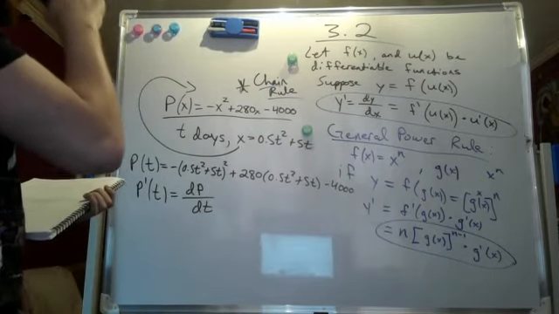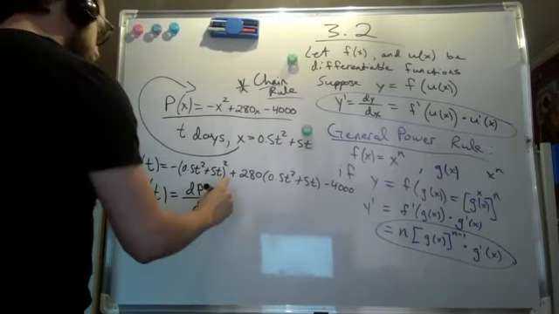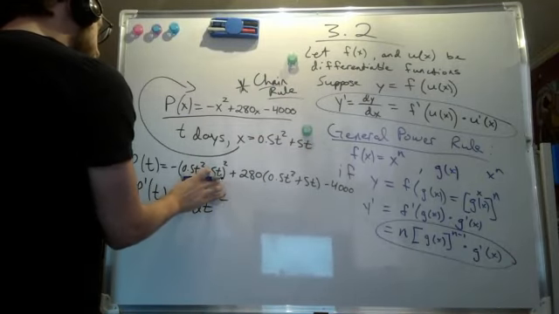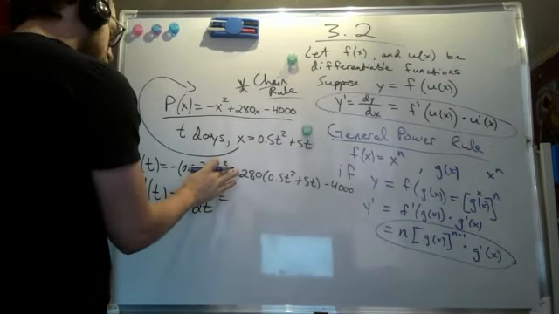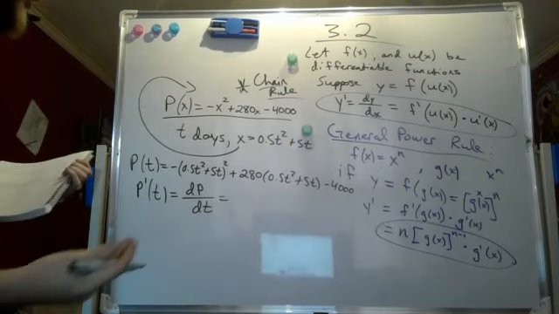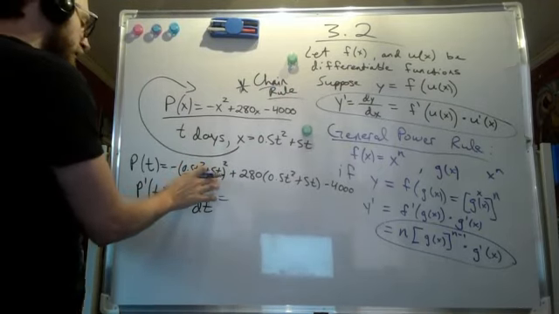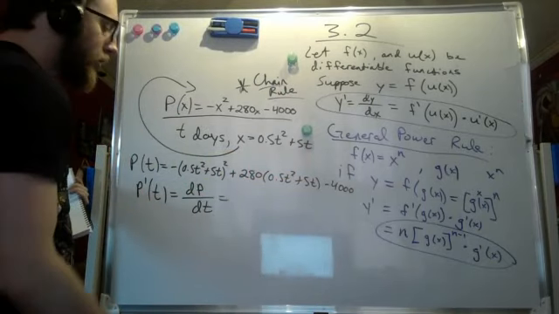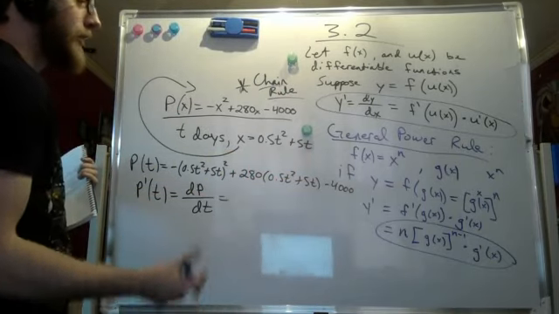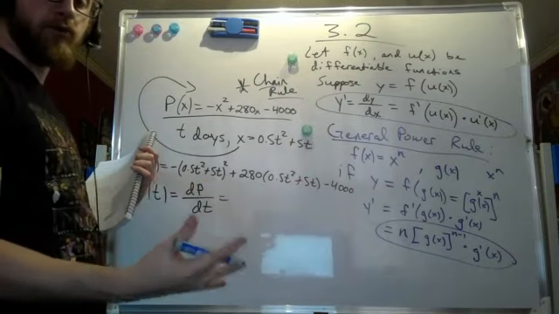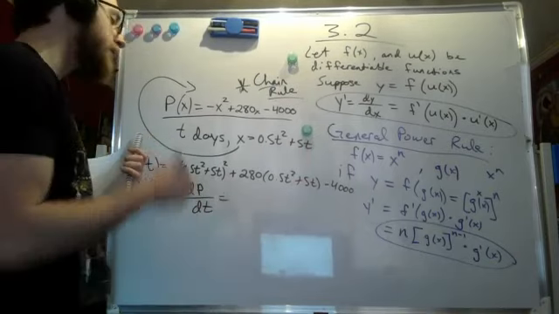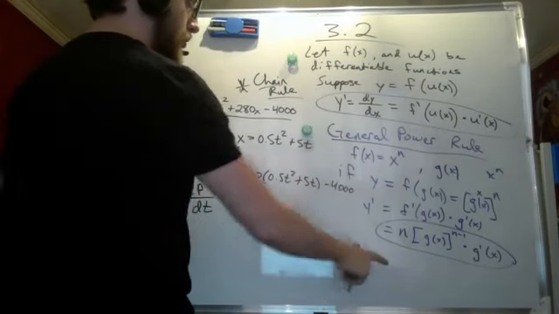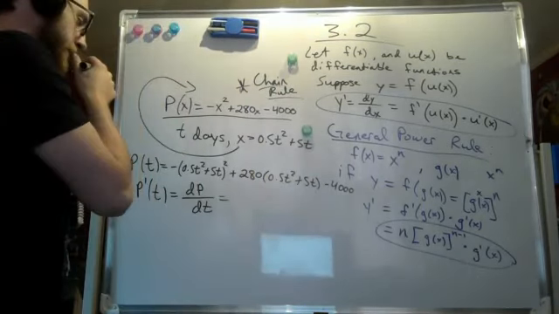So dP over dt, we start with our derivatives here. So here on the left, we've got a function of t raised to the second power. Now, if you wanted to, you could go ahead and square this and write out what that is squared. That's going to take extra work, extra time. If you want to, absolutely go for it, but it's going to take longer. Instead, we're just going to use the chain rule again, or the general power rule.